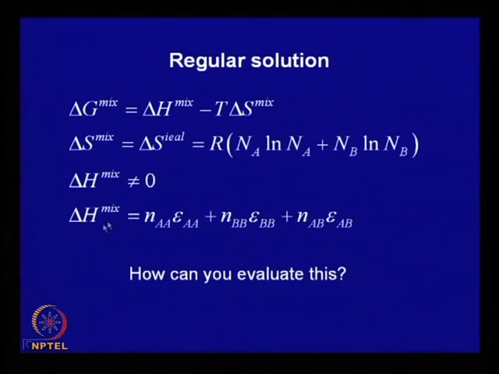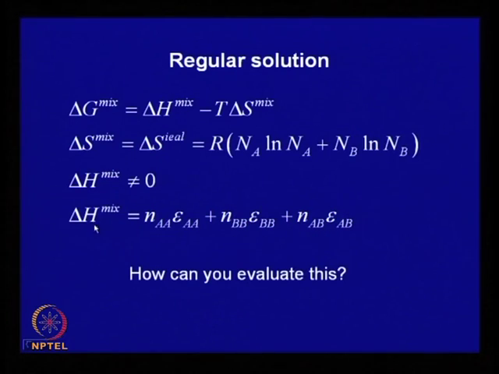Now, enthalpy, we can say that usually whenever there is a bond formation, there is energy which is required to break the bond. So, in a solid there is a bond, and there will be different kinds of bond. If it is a binary solution of A and B, there will be AA type of bond, there will be some BB type of bond, and there will be some AB type of bond.